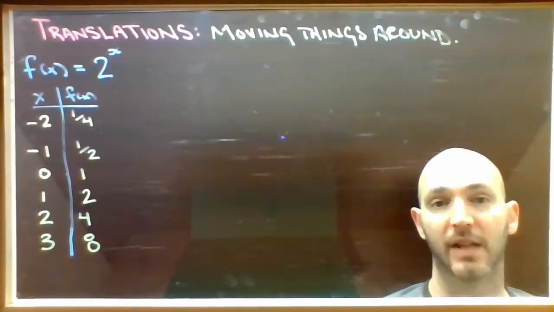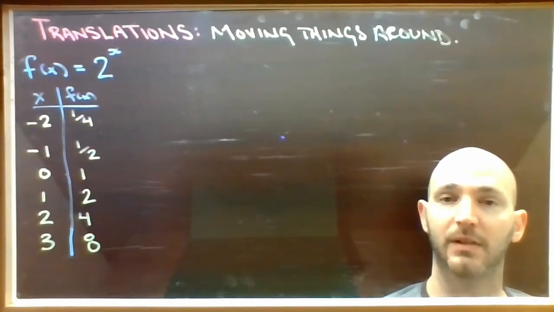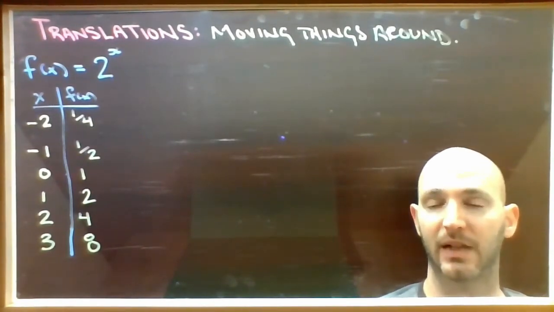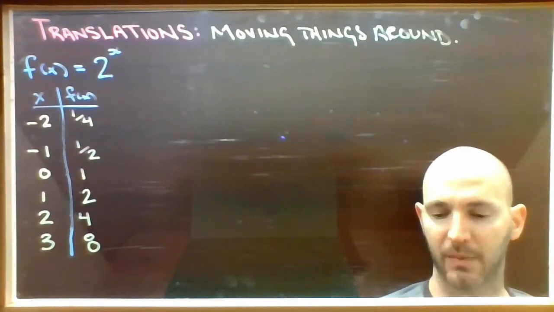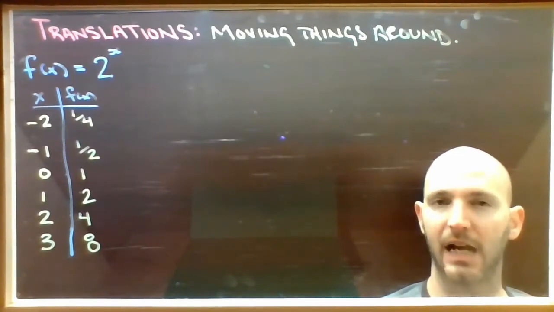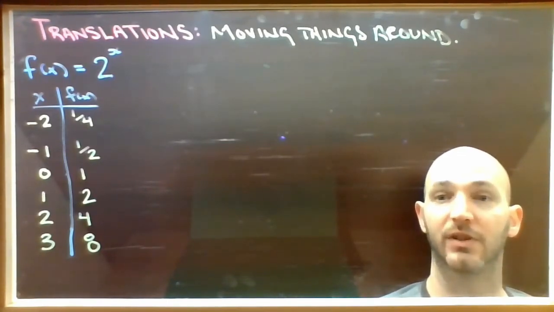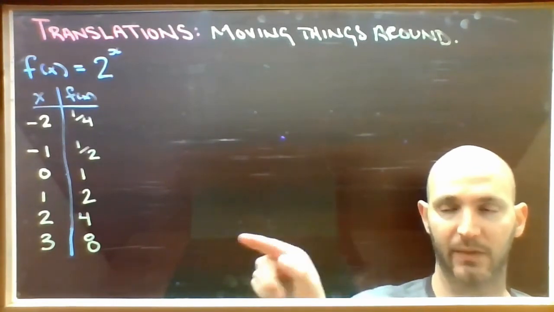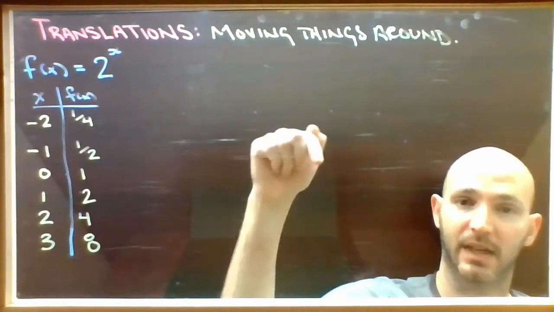So we're going to translate this function. This one, I'm going to try moving to the left and down. So if you think about that, inside the operator of the function, there should be a positive in order to move it left, and a negative on the outside moves it down.